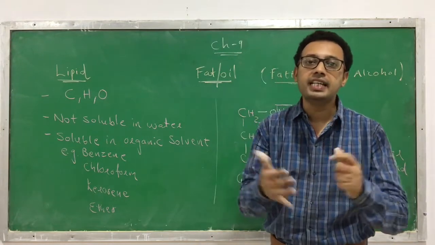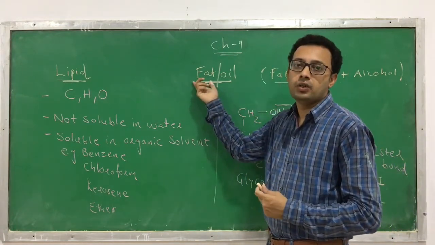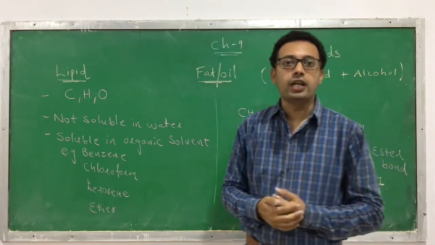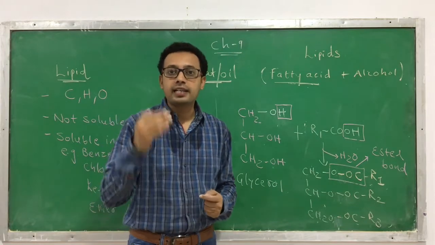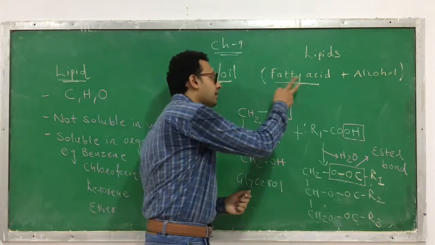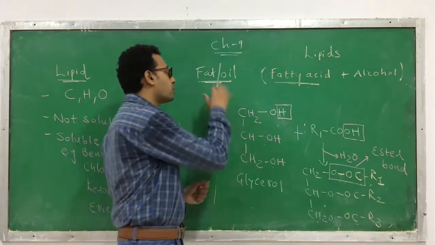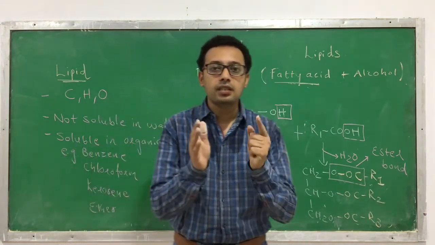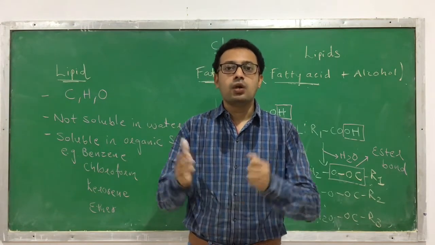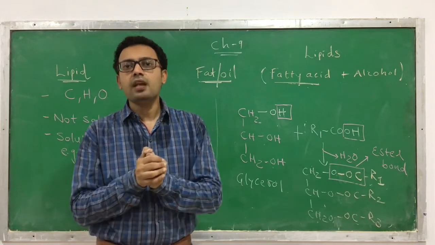Like ghee and butter are solid, so they are fats. But groundnut oil, coconut oil, or cottonseed oil are liquid at room temperature. Both are lipids, both are triglycerides, but one is solid at room temperature and the other is liquid. So it depends on how many fatty acids are attached to an alcohol.